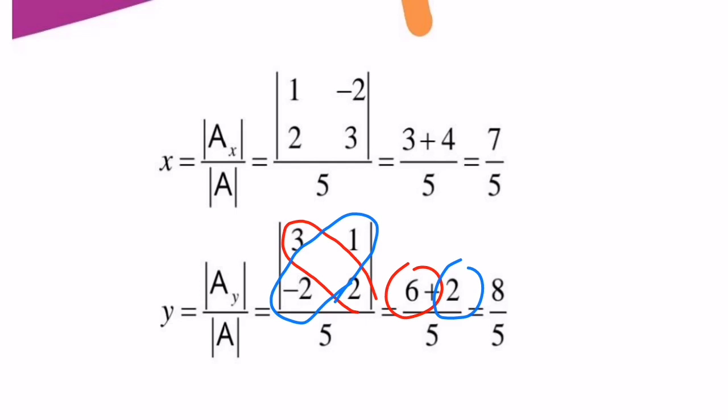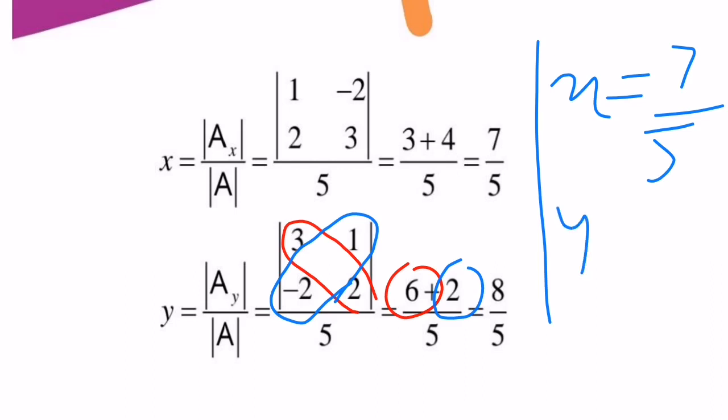So 6 plus 2 is equal to 8, and 8 divided by 5. This means that X is equal to 7 by 5 and the value of Y is equal to 8 divided by 5.